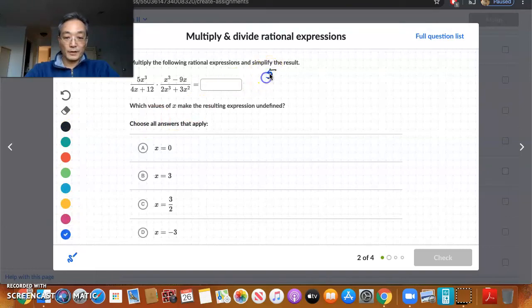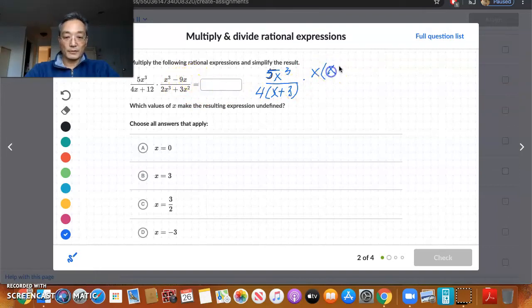So we have 5x cubed over 4 times x plus 3, times, and then it looks like we can take out an x, which is going to leave us with x squared minus 9, which is a difference of two squares.